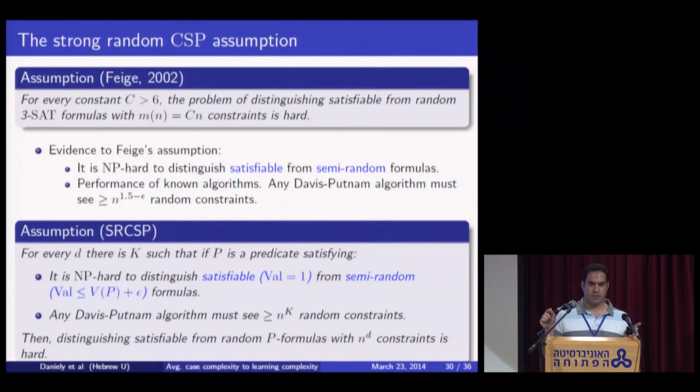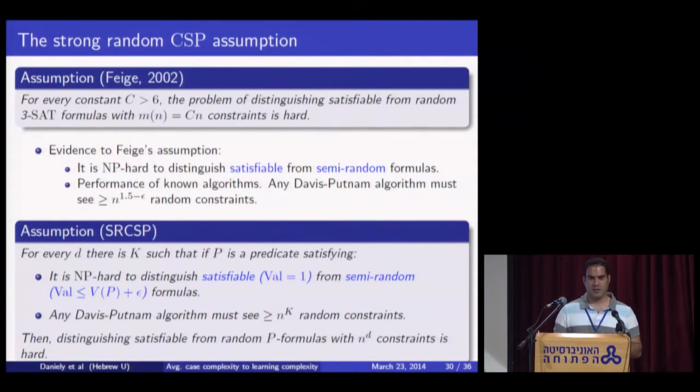We fix d, and then we fix a predicate, and we look at the problem of distinguishing random formulas with n^d constraints from satisfiable formulas. Yes, n^d is the number of constraints we have, the number of random constraints we see.